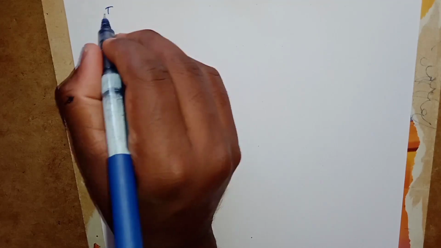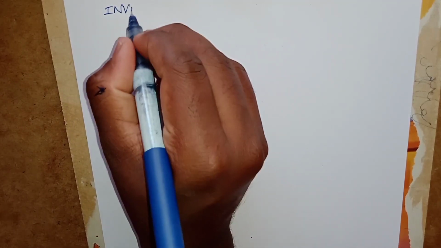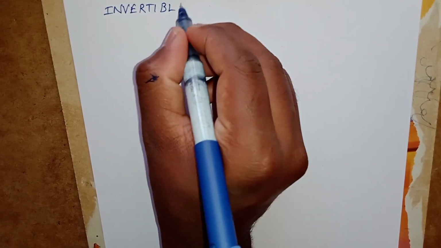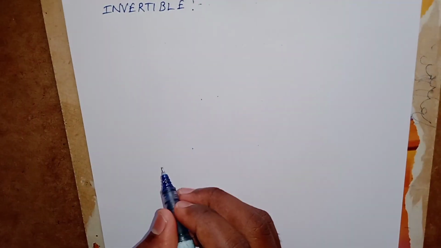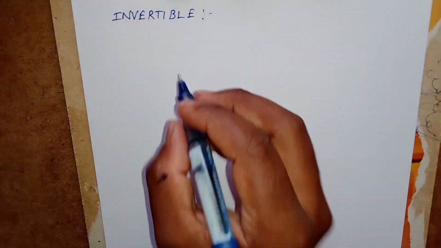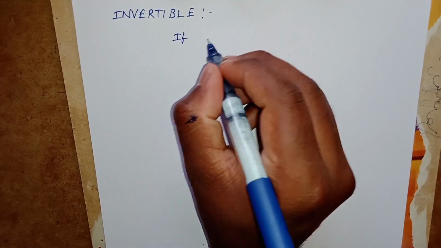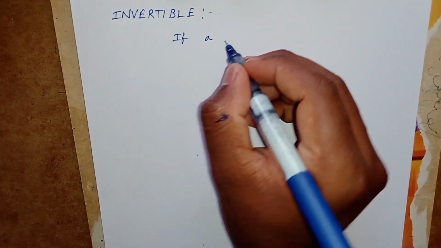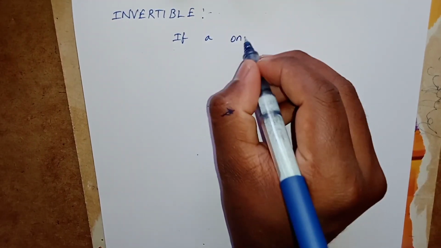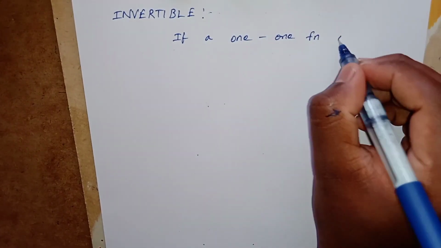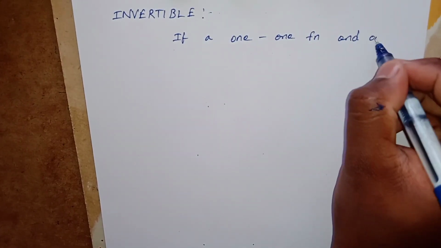Next, invertible functions. Invertible functions, here if you satisfy a one-one function and an onto function.